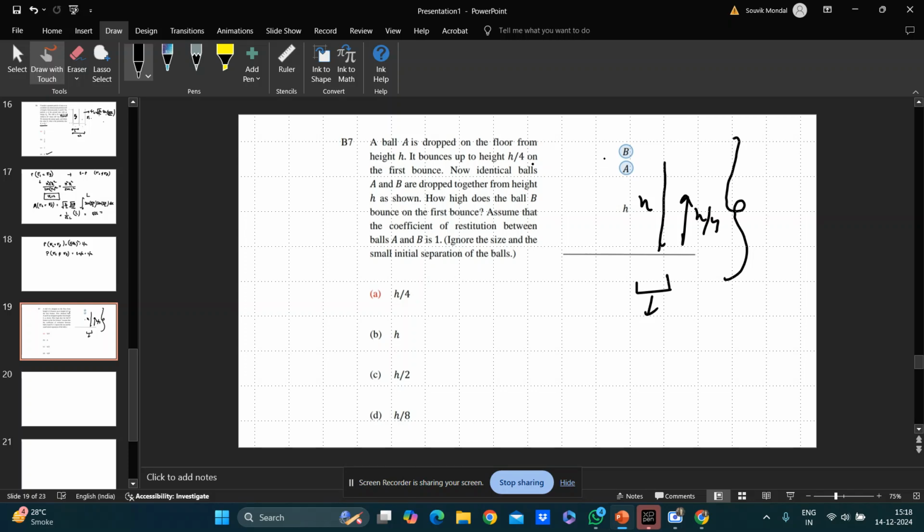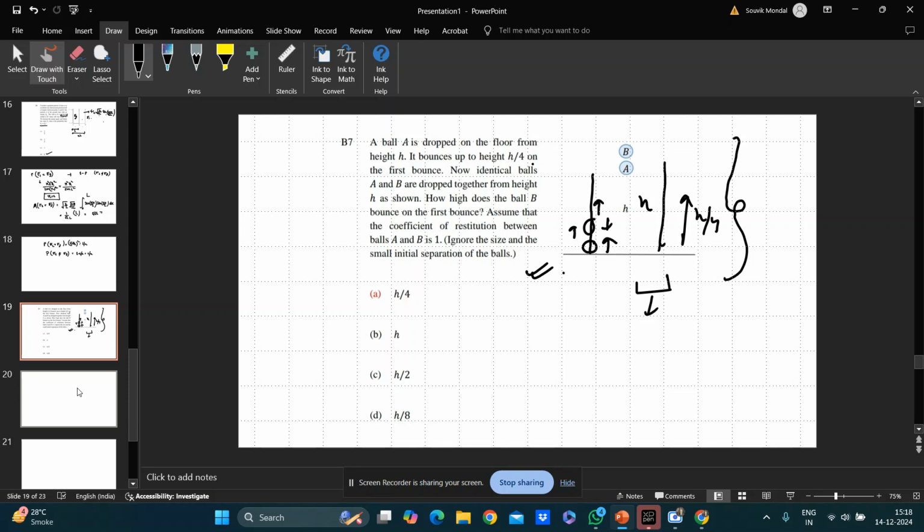How high does ball B bounce on the first bounce? When A comes down, A will rebound upward, but B has velocity V downward, so it will collide with B, and B will then have some velocity after the collision. How high will B go? This is what they are asking.